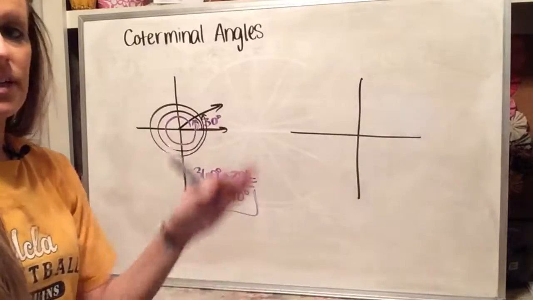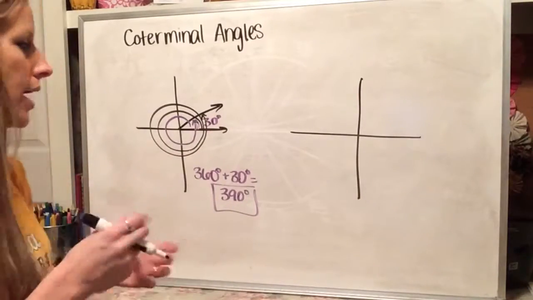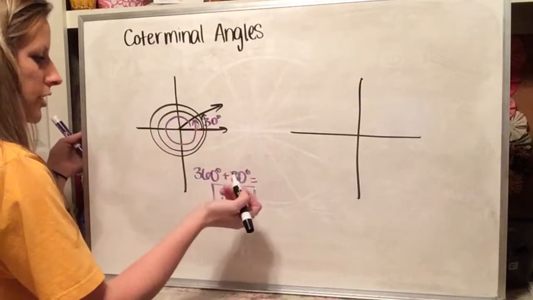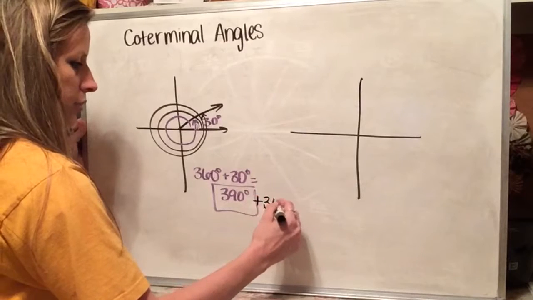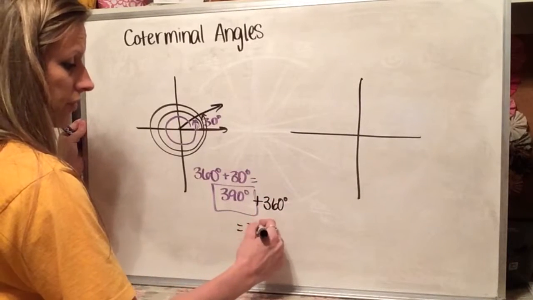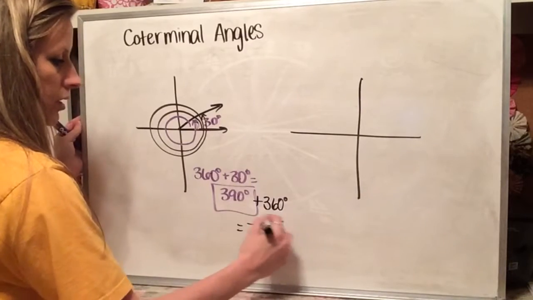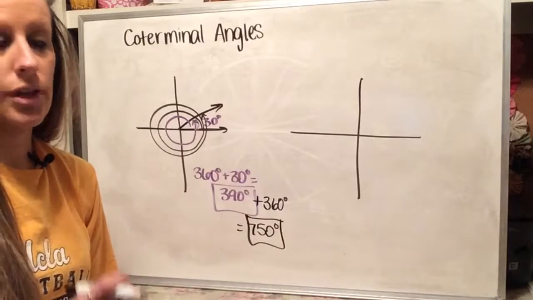So this could happen an infinite number of times depending on how many revolutions you go, right? So my other coterminal angle would be if I add 360 more degrees, right? So it would be 750. Okay, so you have an infinite number of coterminal angles.